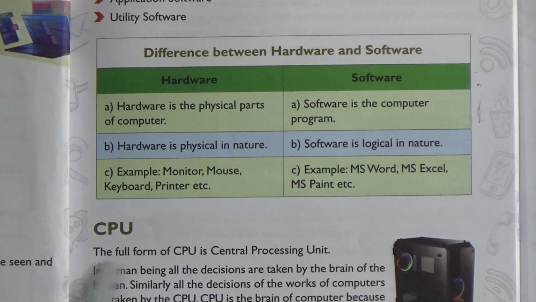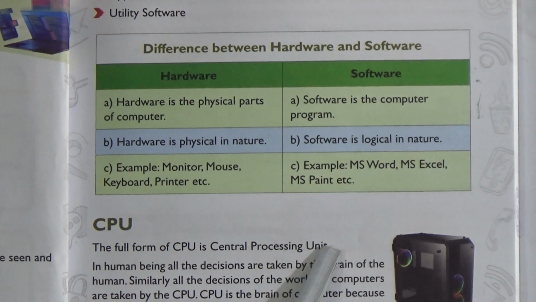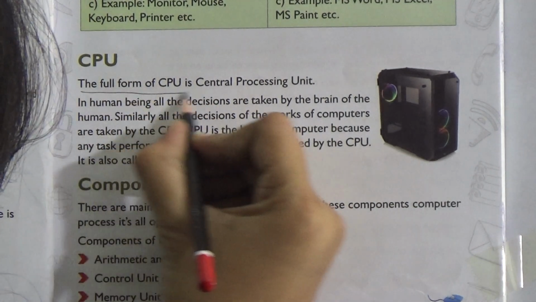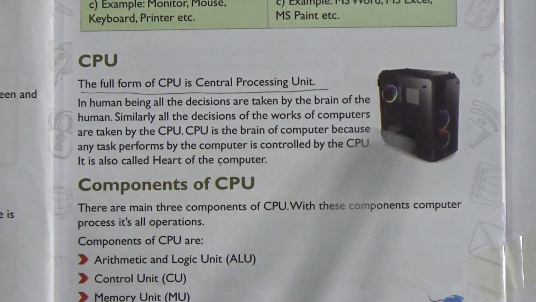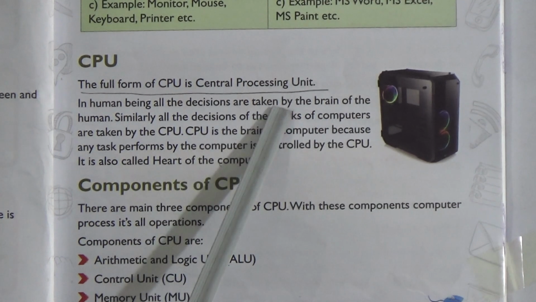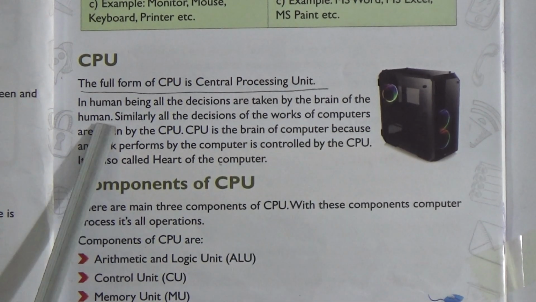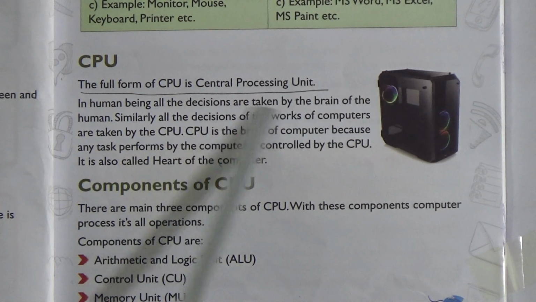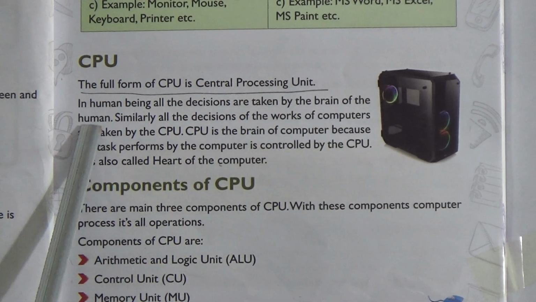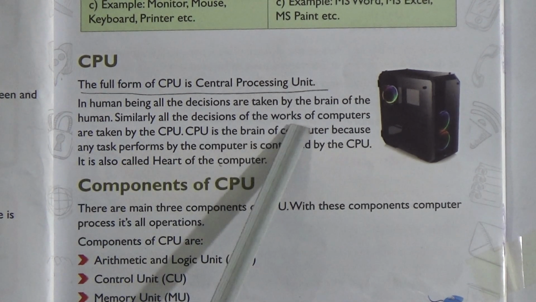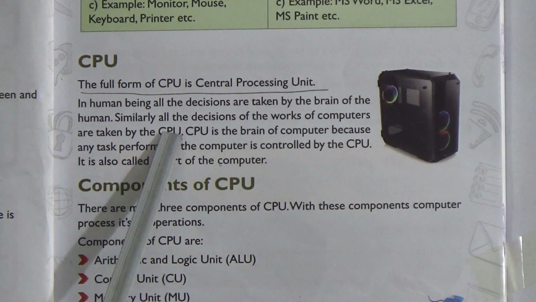Now CPU. The full form of CPU is central processing unit. In the human body, all the decisions are taken by the brain. Similarly, all the decisions about the work of computers are taken by the CPU.